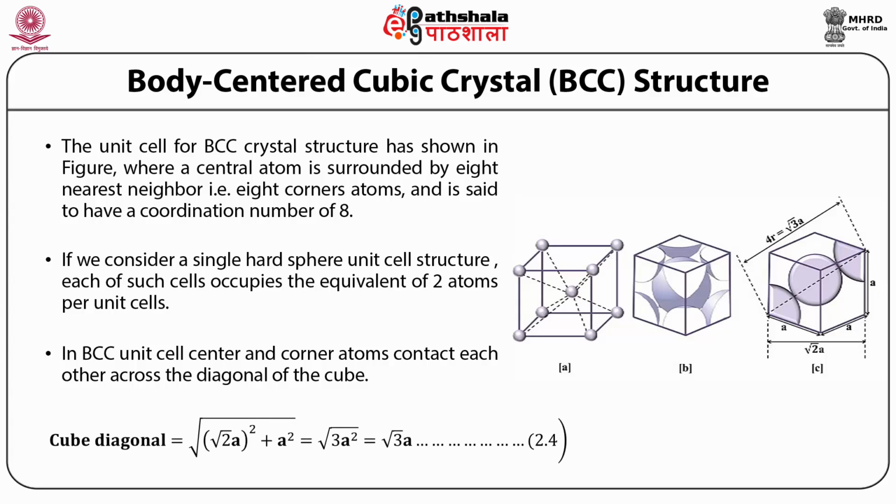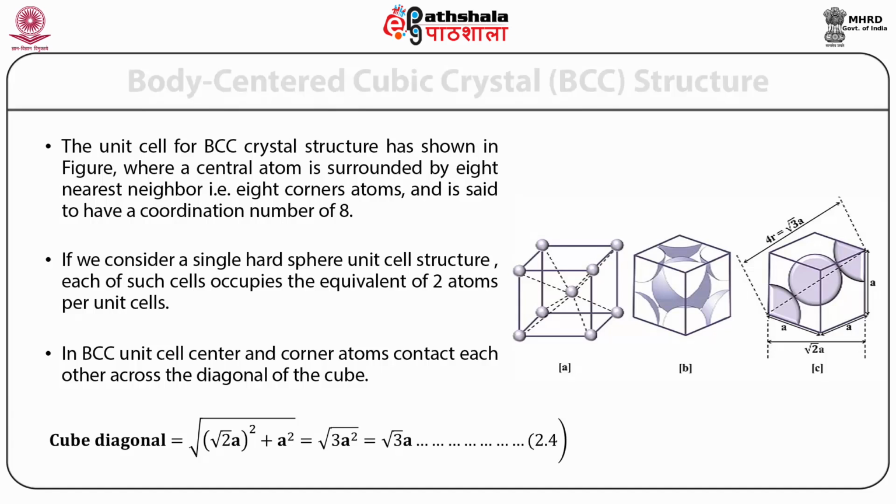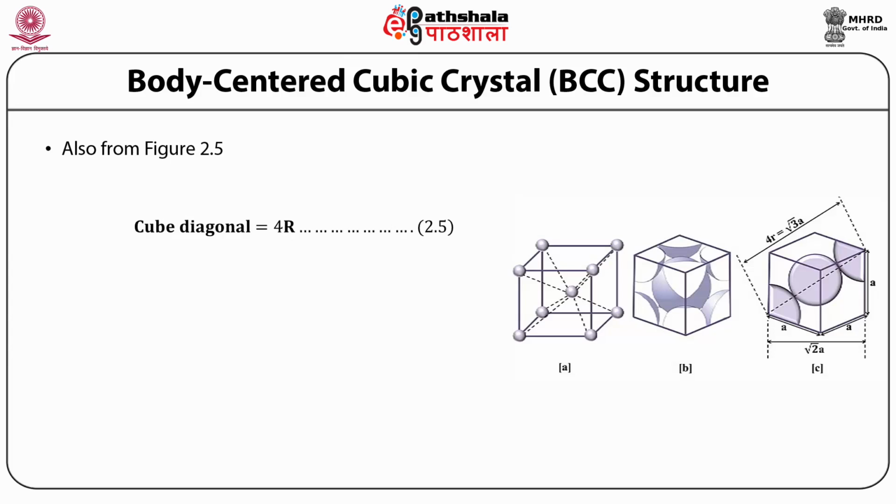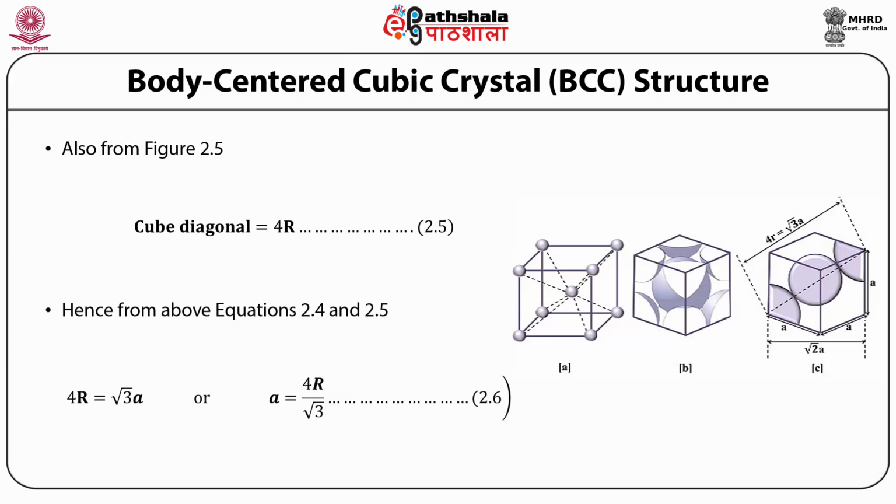That is, the cubic diagonal is equal to the square root of the square of root 2a plus the square of a, which is equal to the square root of 3a squared, and is nothing but root 3 multiplied by a. The cubic diagonal is also equal to 4R, leading to the relation between the two as a is equal to 4R by root 3.